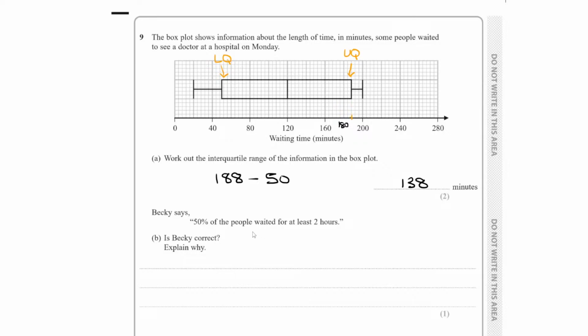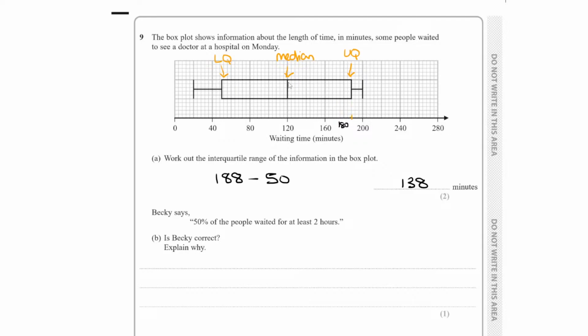So Becky says 50% of the people waited for at least 2 hours. Is Becky correct? And obviously you have to say why. I think the main reason is this line here. This one here is the median. And the median is 50%, isn't it?